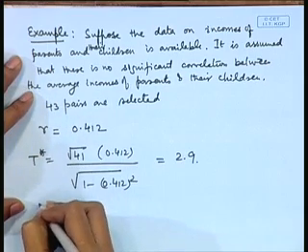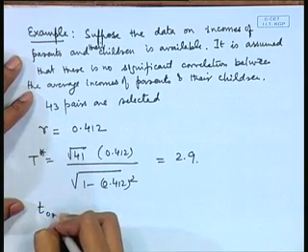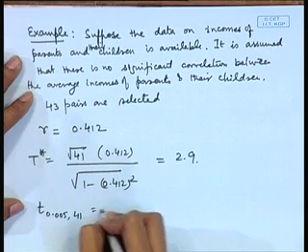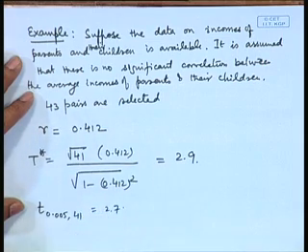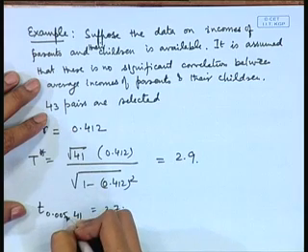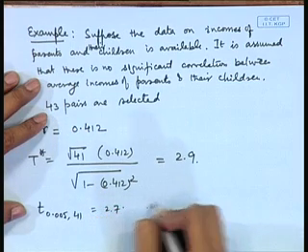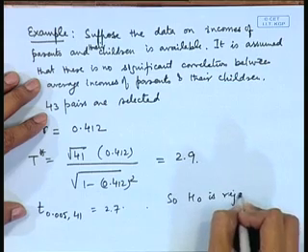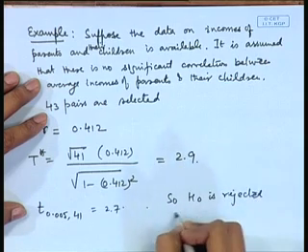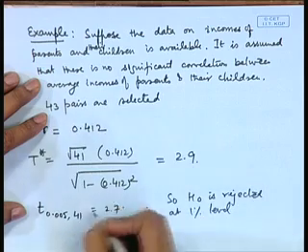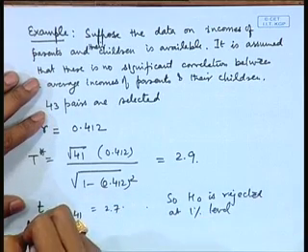Suppose we are considering t at 0.005 with 41 degrees of freedom, this value is 2.7. Now, you can see here that this is an extremely small level of significance we are taking. So, H naught is rejected at any reasonable level of significance. This is actually the 1% level. So, at the 1% level itself this is rejected.